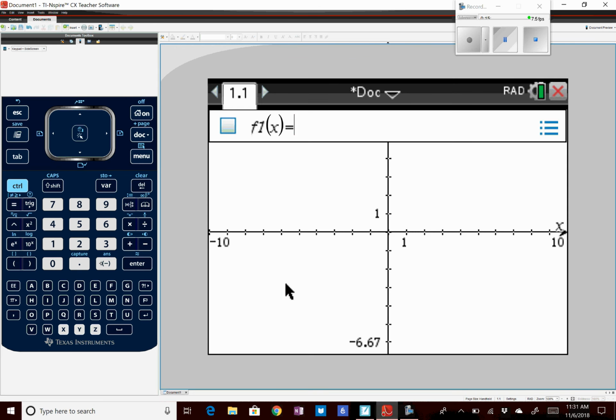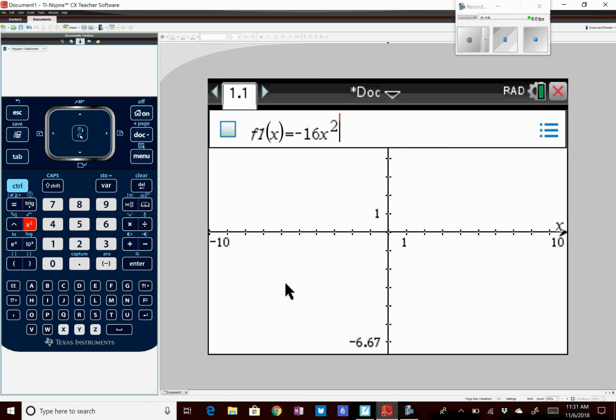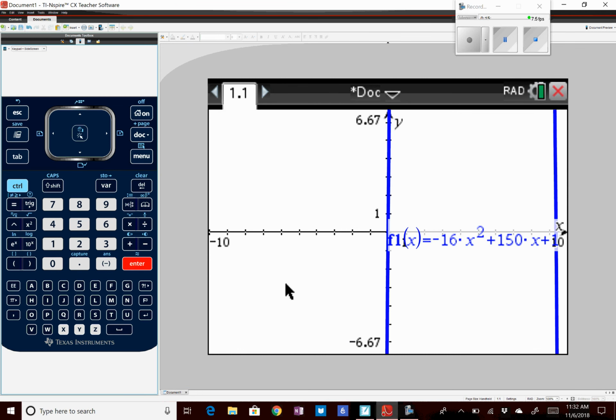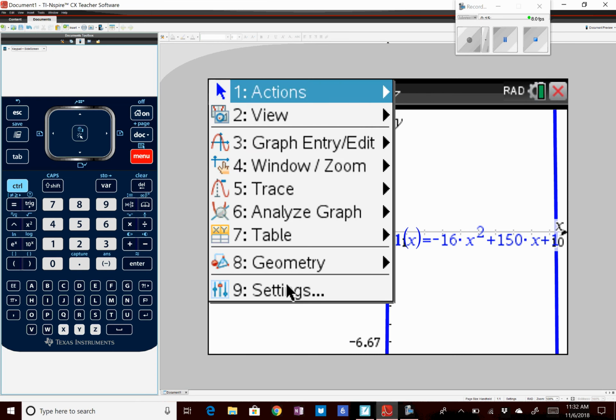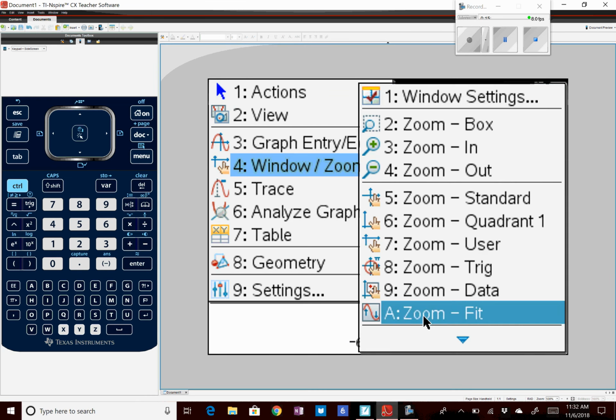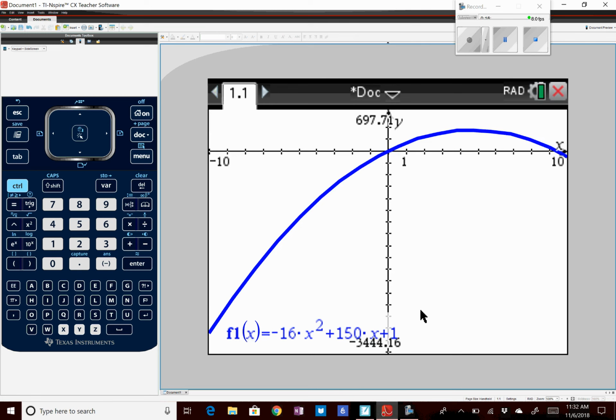Okay, so we have negative 16x squared plus 150x plus 1. All right, so again, we have to adjust the window so we can see the vertex. So we'll do a window zoom. We'll try a zoom fit. Perfect. And we have the vertex here, and we just need to find the maximum height.